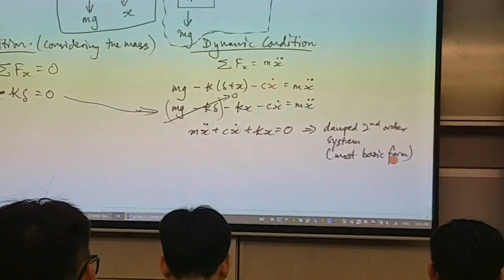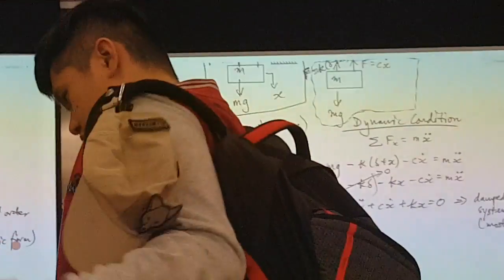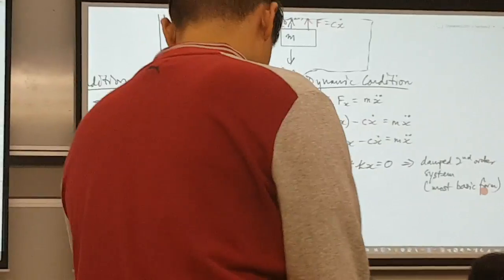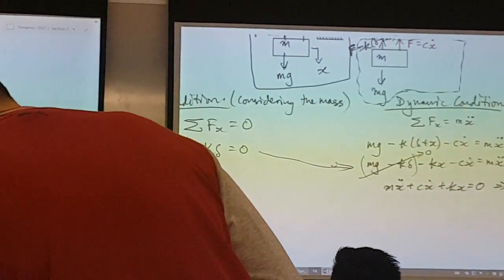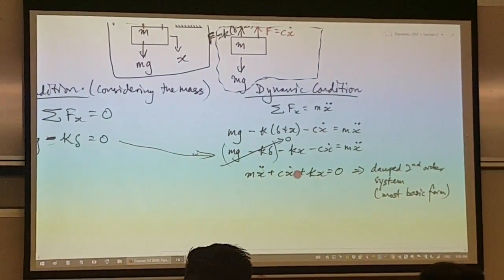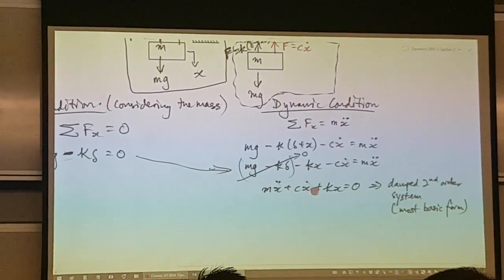The case that we had last week was without a damper. Now what I've done is to add a damper, so that's why we have this term coming in. If you remember last week, there wasn't this term.